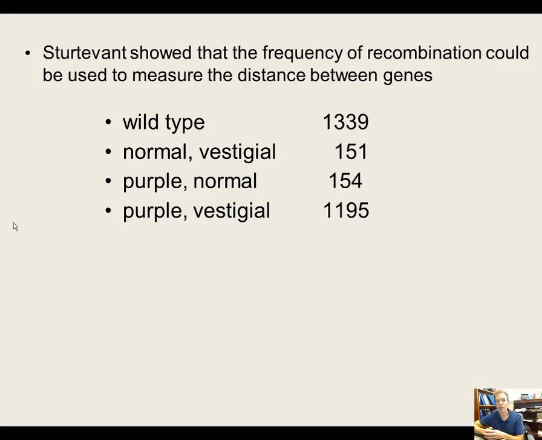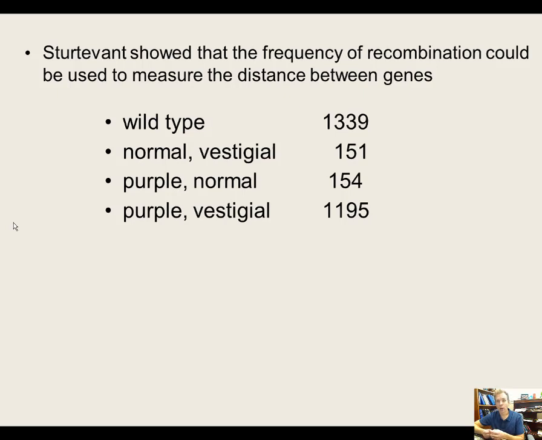Here's data from the cross that we looked at last time, where we crossed a wild-type fruit fly with one that had mutations for eye color and for wing shape. If you remember, it was a wild-type parent crossed with a double mutant. The F1 were then test-crossed.